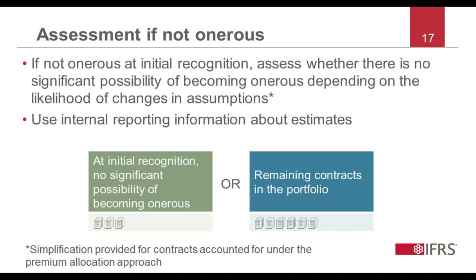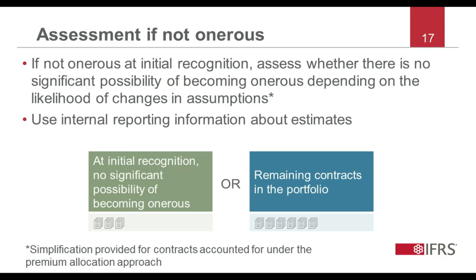As discussed in the last slide, if a set of contracts is not onerous at initial recognition, an entity must decide whether they belong in the group of contracts that at initial recognition have no significant possibility of becoming onerous. If not, the contracts will be included in the group of remaining contracts in the portfolio. This assessment should be based on the likelihood of changes in assumptions that would result in the contract becoming onerous if they were to occur.